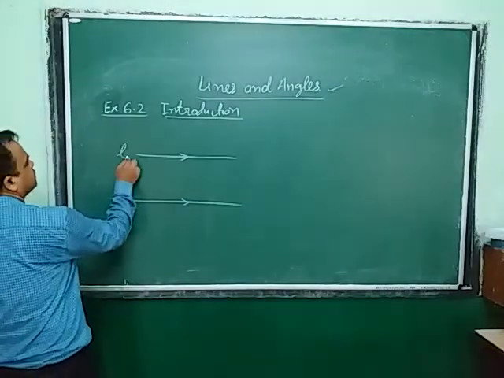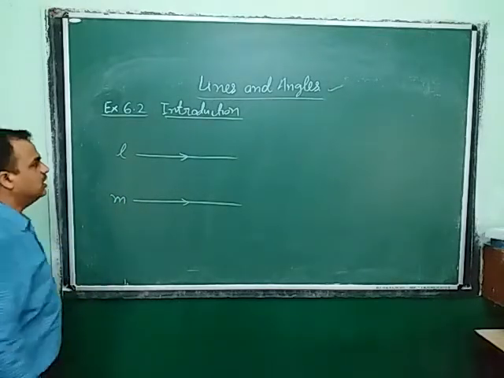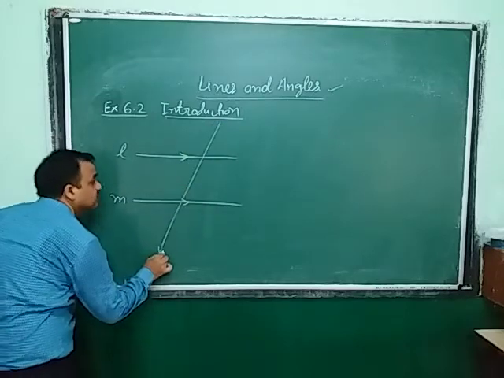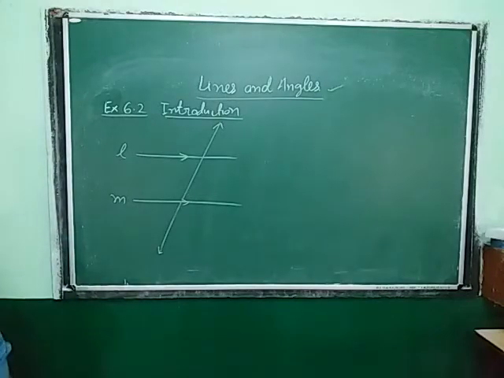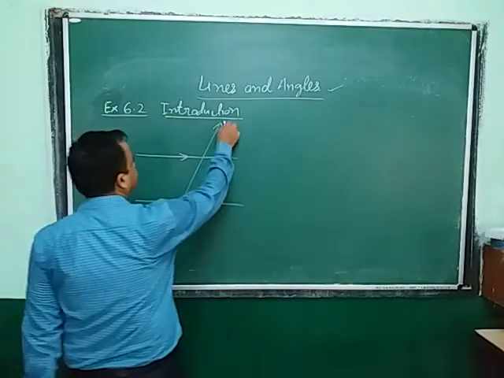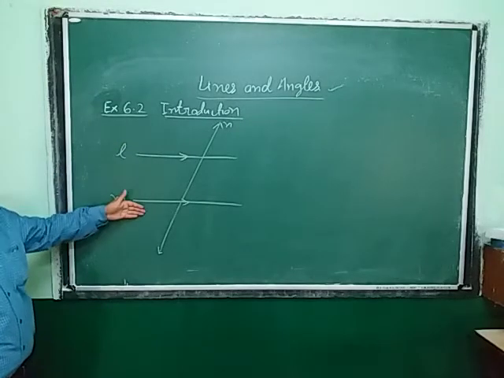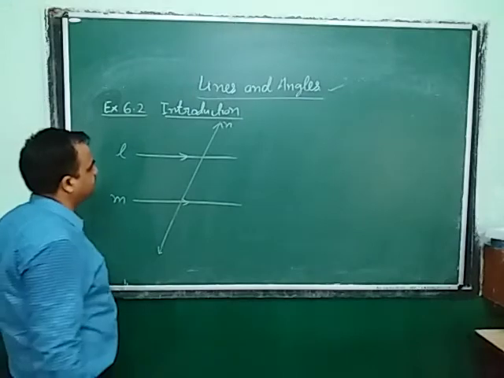So let us consider L and M are two parallel lines. And this is another line which is intersecting the given two parallel lines, J and K. So these two lines are parallel lines and this one is the transversal.